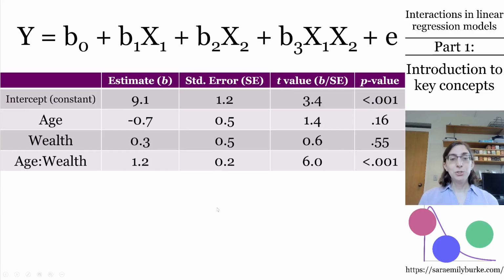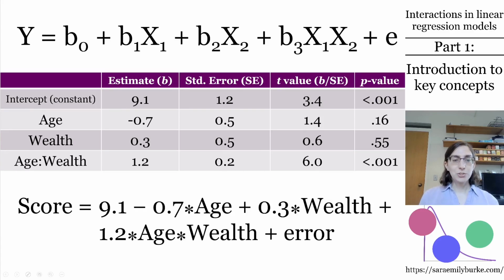As always, when you fit a model, you'll get a table with a row for the intercept and rows for each slope. Each row shows values for the parameter estimate itself, b, the standard error of that estimate, se, and a t-test of the difference between that estimate and 0. In this case, the age by wealth interaction is statistically significant.